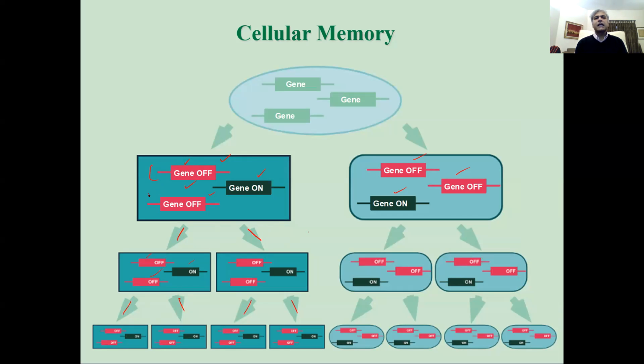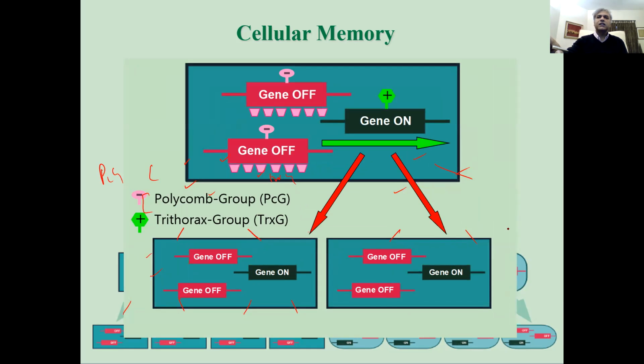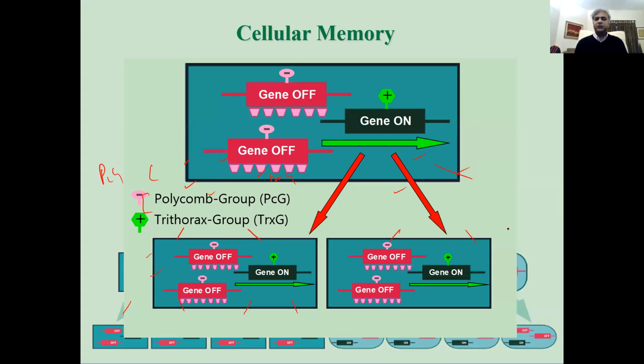So here, silencing or the off state is maintained by polycomb group and the on state is maintained by trithorax group. In a different cell lineage, different genes are off and a different gene is on, and through mitosis they are inherited in the off and on states. And this function is done by polycomb and trithorax. I told you, trithorax maintains genes in the on state and polycomb maintains genes in the off state. They bind to the chromatin regions and then maintain them.